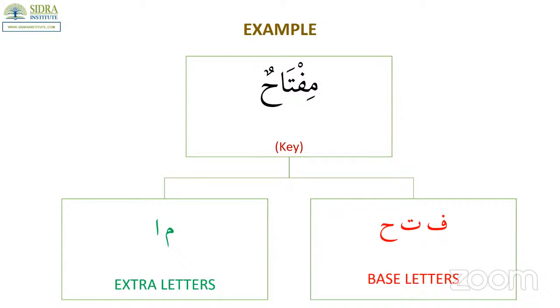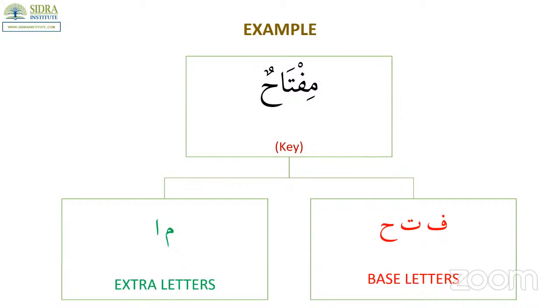That's how we come to know that fa, ta, and ha are the root letters. So when we search for this word in the dictionary, where we will have a lot of practice, inshallah, in the coming slides, we will search for the letters fa, ta, and ha in section fa. So when we open the Hans Wehr dictionary, or whether we're typing in Arabic Almanac, we won't type in meme, fa, ta. Nothing will come up. Something might come up, but it won't be the word that we're looking for.